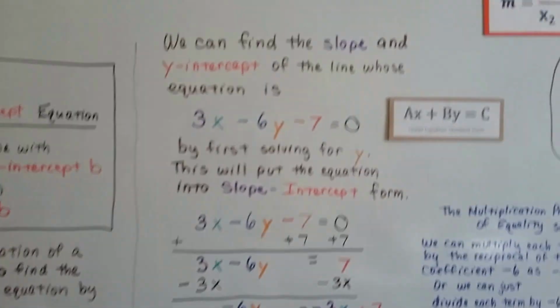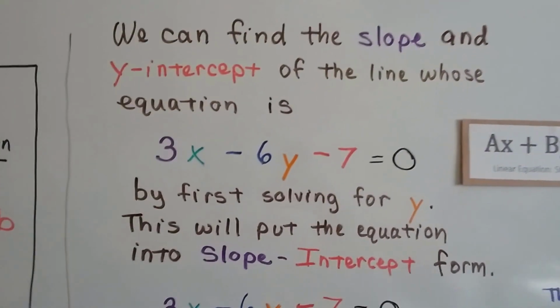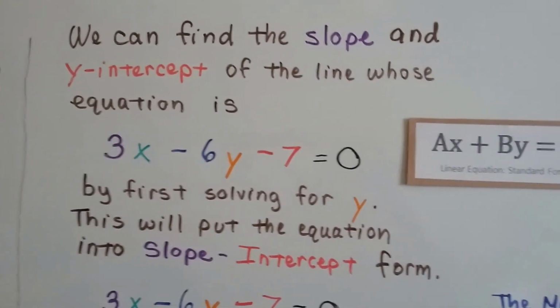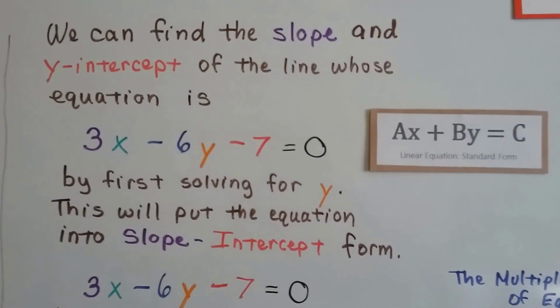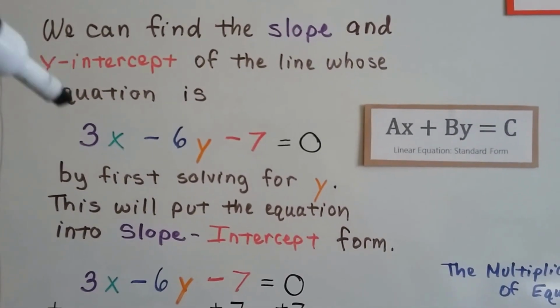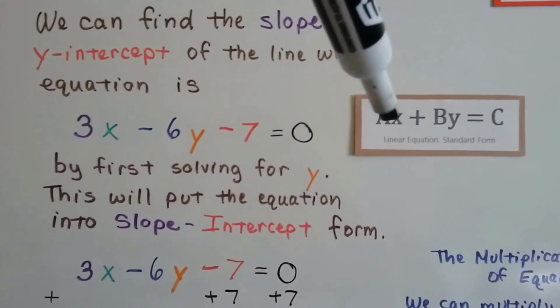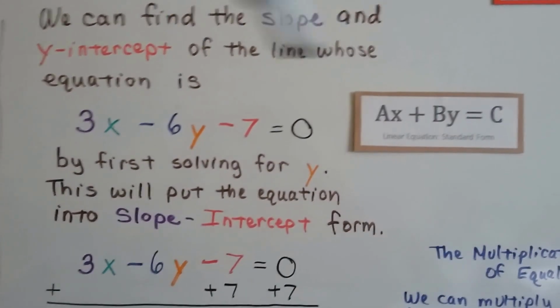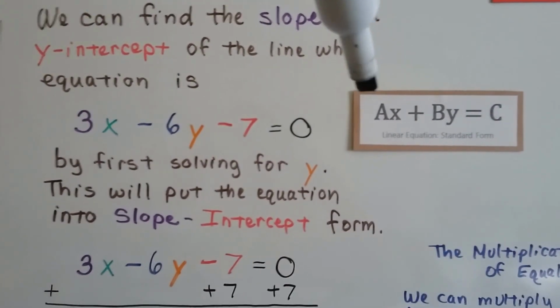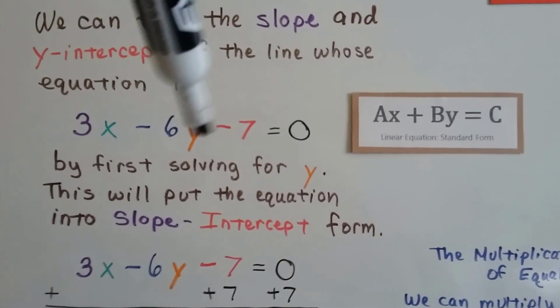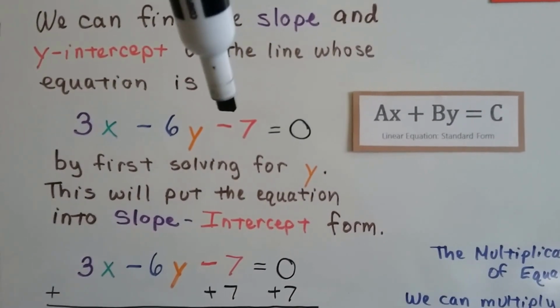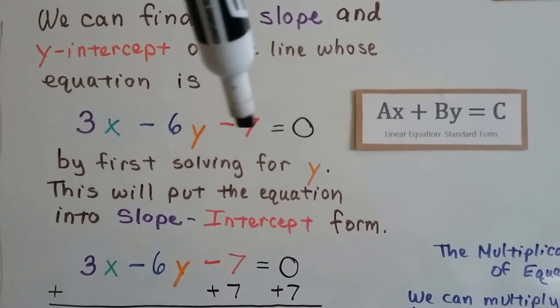We can find the slope and y-intercept of the line whose equation is written in standard form. We're going to talk about this a little bit more in the videos coming up, standard form. But if you compare this to the formula for standard form, we've got 3x, that's ax, and minus 6y, that's like by, and they've stuck in this little extra, didn't they?